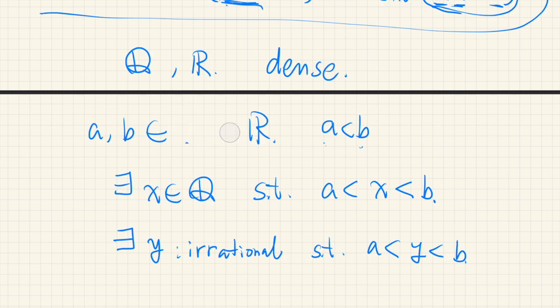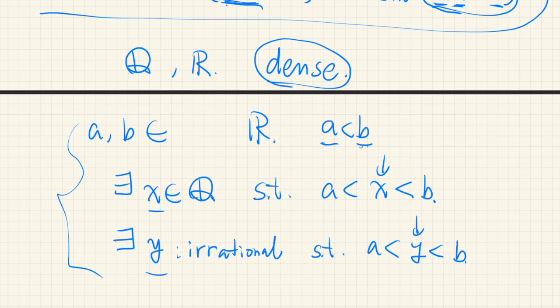So for the sake of convenience, let's just say a and b are any real numbers. Okay, so we have this property. So in this sense, if there are two different real numbers, we can always find some rational or irrational numbers between these two numbers. So that's called denseness of these sets.